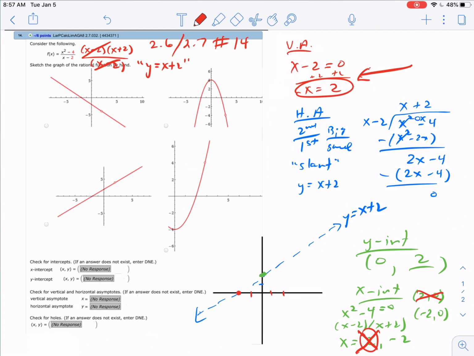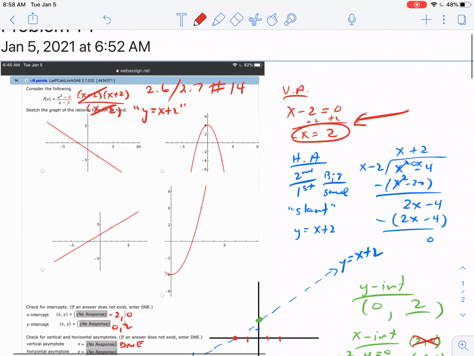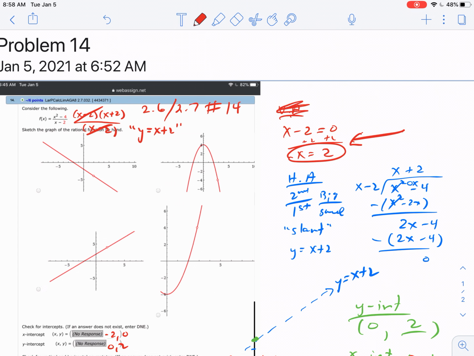So let's answer these questions down here. What is my x-intercept? The only x-intercept is negative 2, 0 for me. What is the y-intercept? 0, 2. The vertical asymptote: there is no vertical asymptote, DNE. It was not a vertical asymptote. We consider this a hole, right?